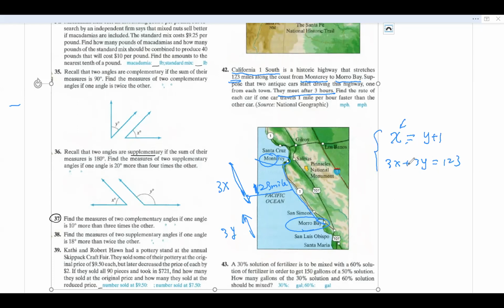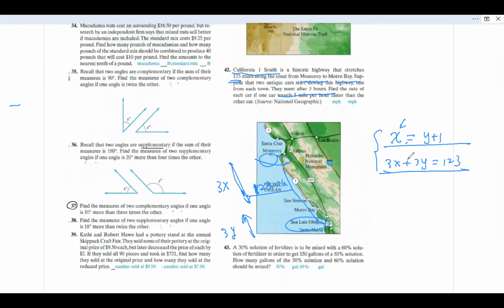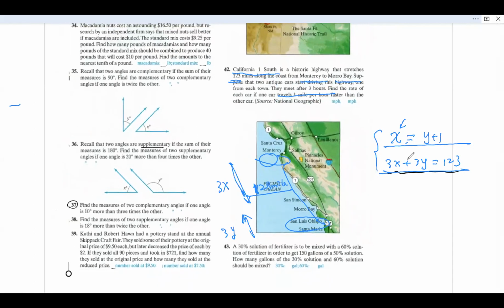So X plus Y equals 41. Since X is Y plus 1, you can quickly find the solution: one is 21 and the other is 20.